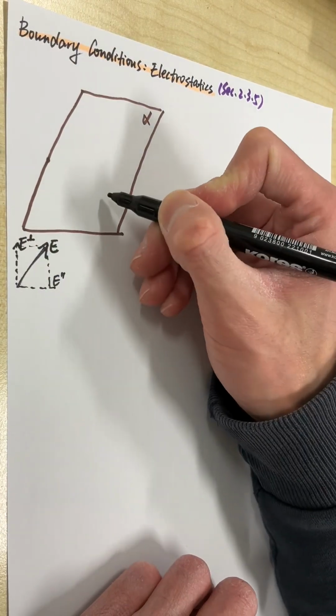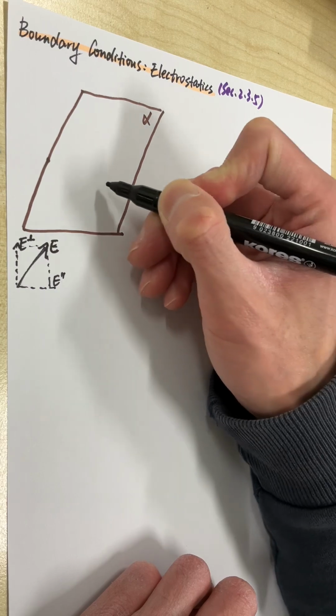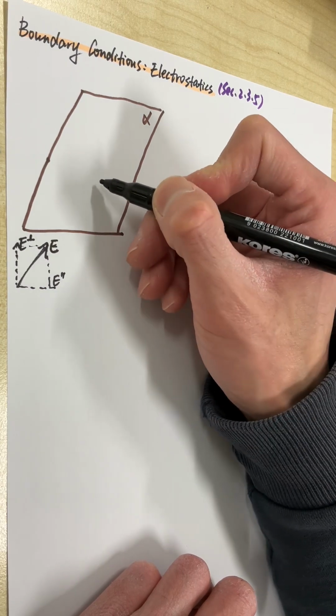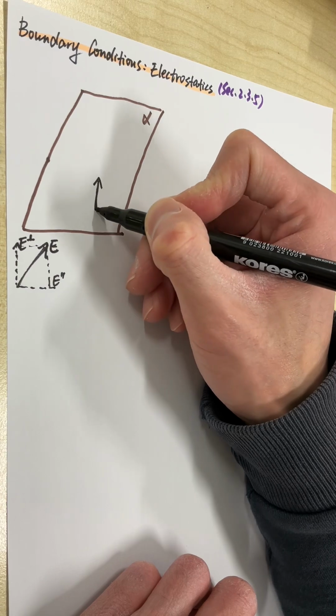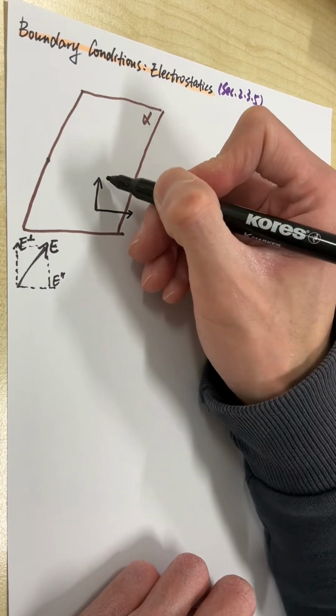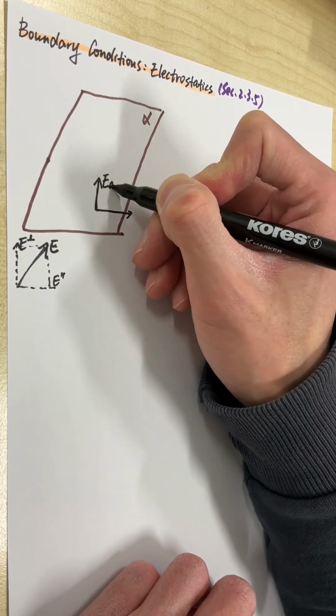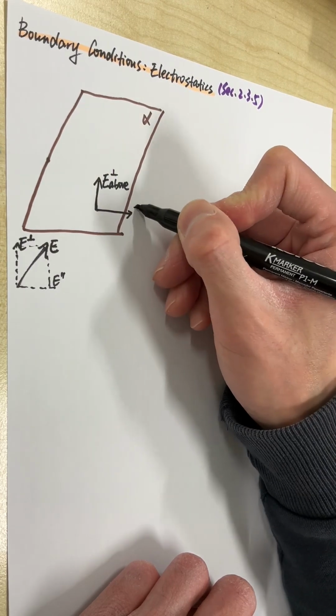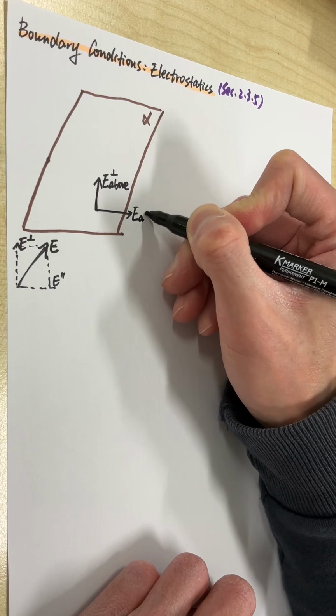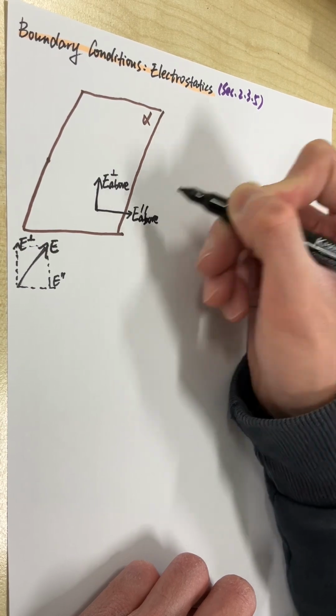One is the electric field above. So we have the electric field above, the normal component, and we have the electric field above, the parallel component.